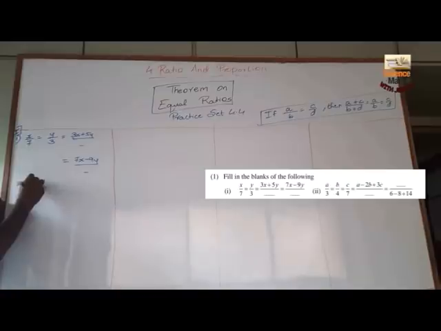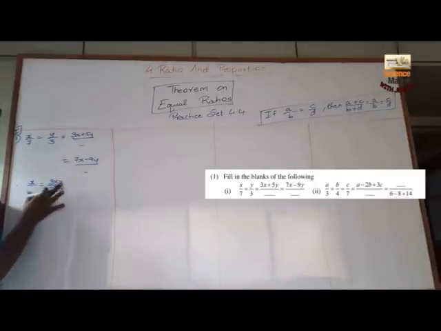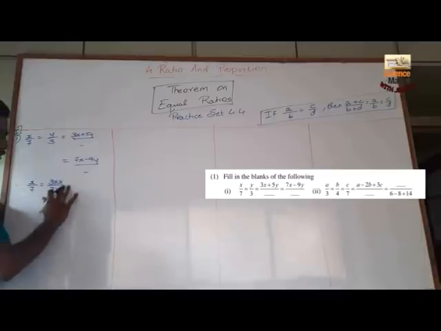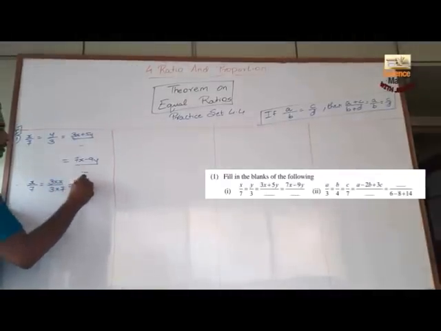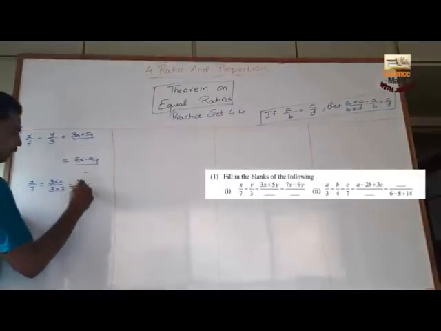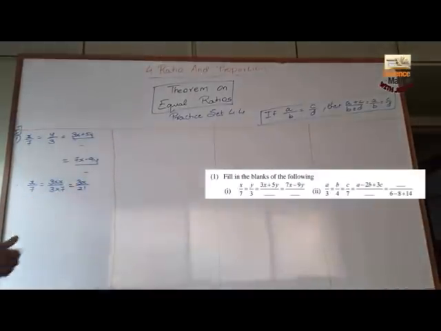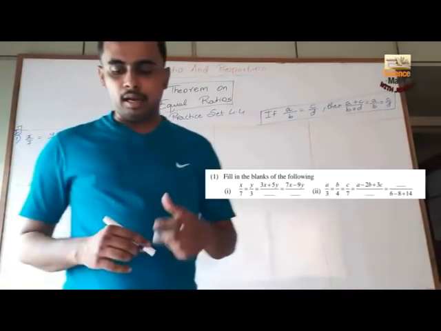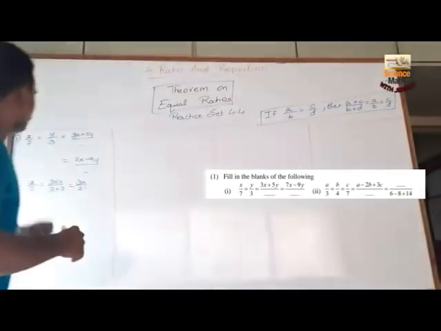Therefore x upon 7 is equal to 3 into x upon 3 into 7, which will give me 3x upon 21.